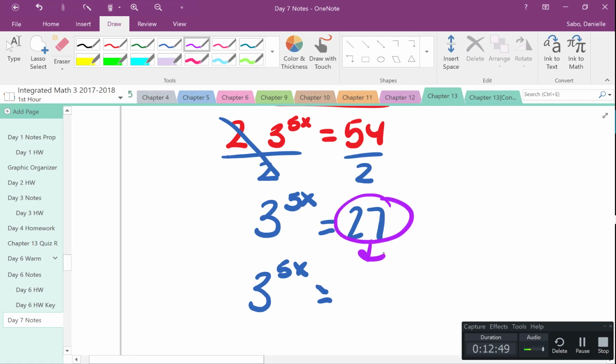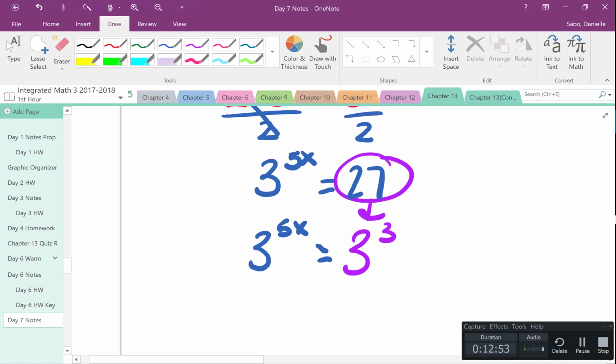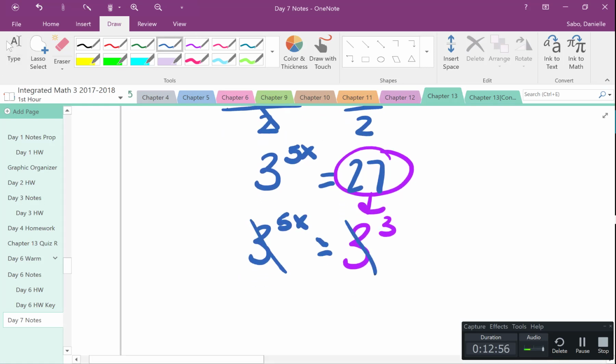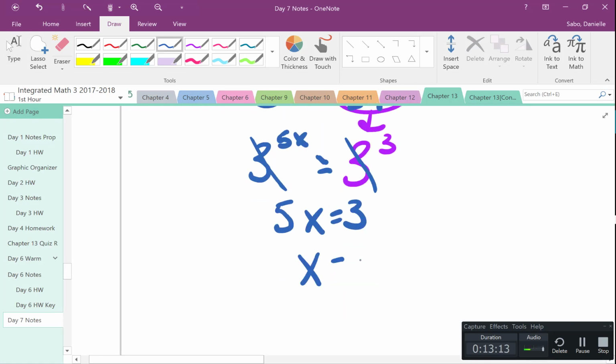How do I rewrite 27? As 3 to the 3rd. Well, guess what? Goodbye bases. I get 5x equaling 3. Now if you did not realize that, you could have converted to log. That's the best part about these problems is that you could do it either way. It just depends on which one you're more comfortable with. And then I get x equals 3 over 5.